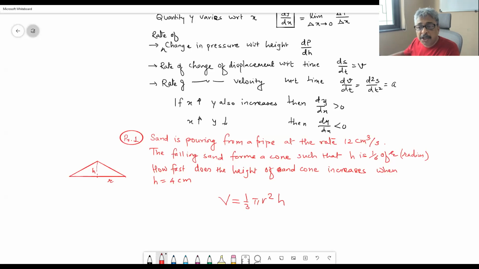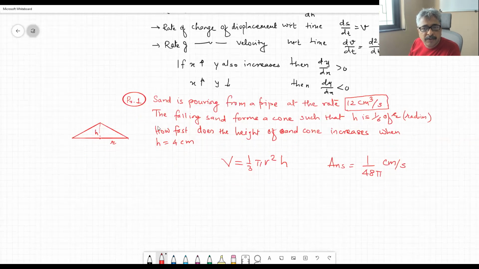Differentiate with respect to t because the rate is in terms of t, and then put those values. You should get the answer 1/48 pi centimeters per second. Okay, one more simple problem and we are done with this.